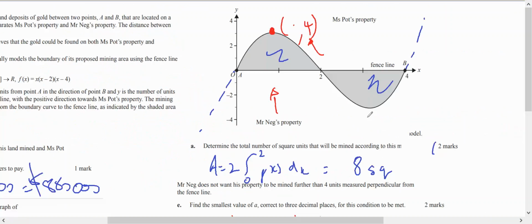I've looked up there, Mr. Neg's down here, so it's actually Miss Potts' property up there, so we're wanting this to be -4.